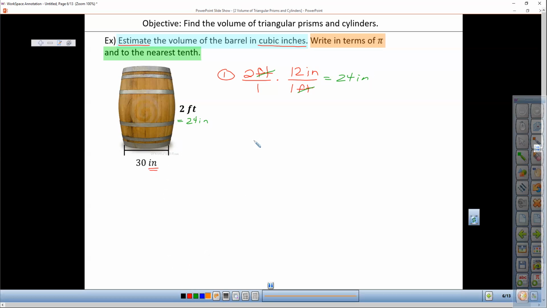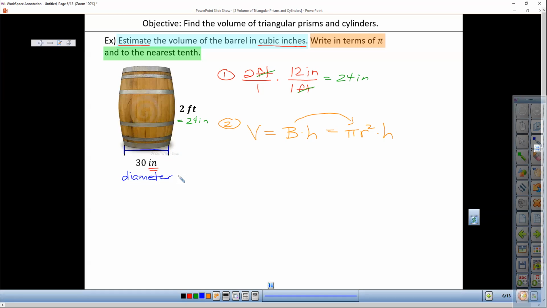Now we're looking at our volume formula and figuring out what's what. Our volume formula, remember, is the area of the circular base times the height. The area of the base is pi r squared, and then times the height. So we need the radius of our circular base. Looking back here, this symbolism is saying 30 inches measures from one edge of the bottom circle to the other. That is what we refer to as diameter, not radius.